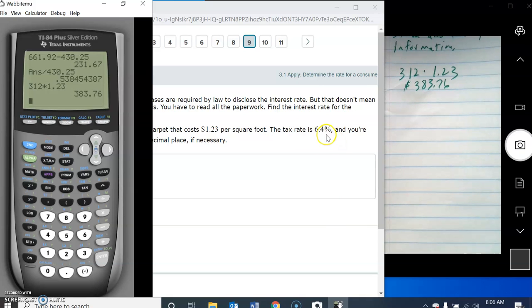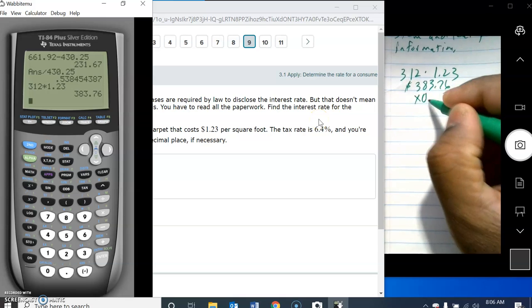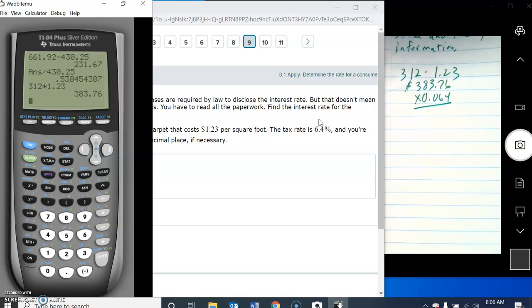The tax rate is 6.4%. So remember, we want to find the principal by multiplying the square footage times the price, and then also the tax rate. So what we would do is multiply this by 0.064, which is the tax rate.